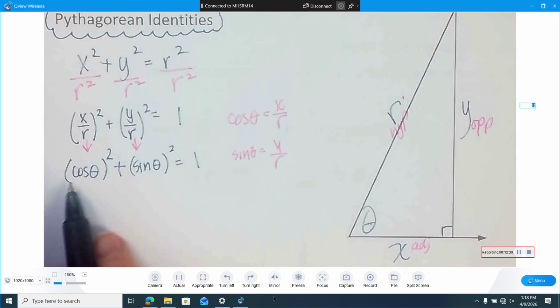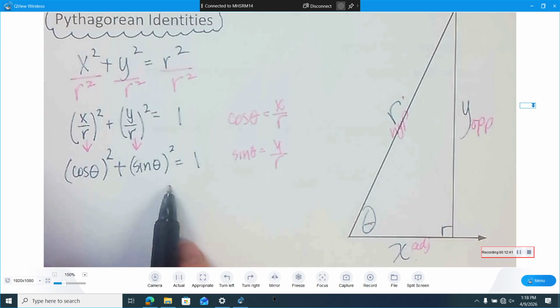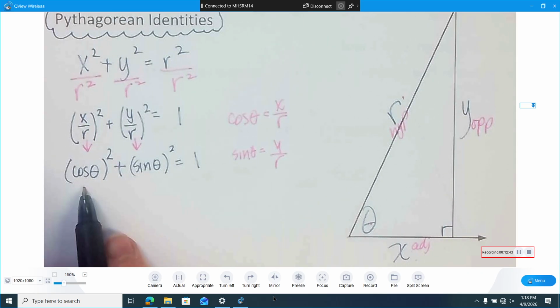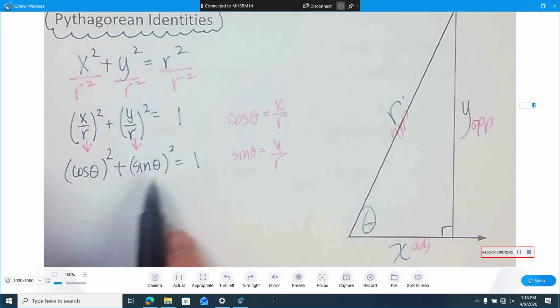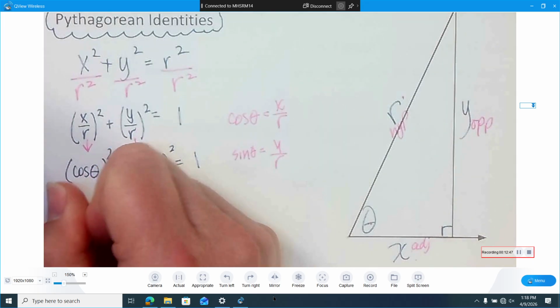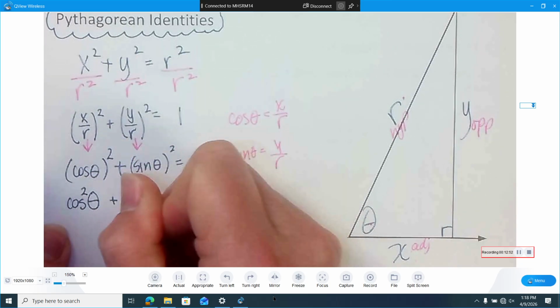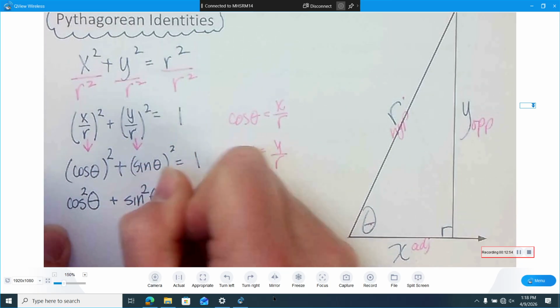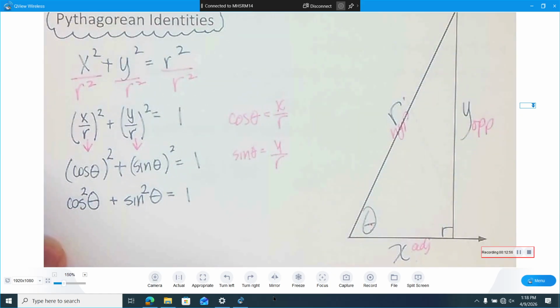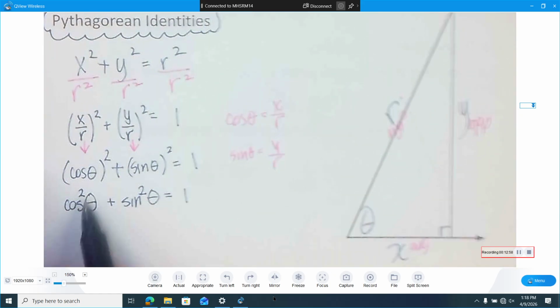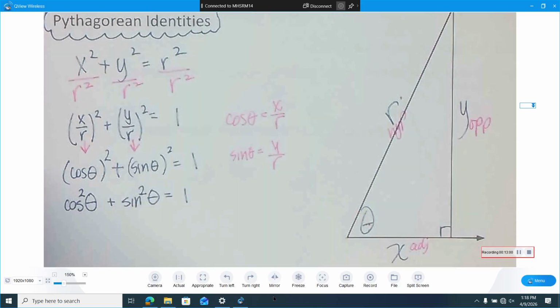Now, this notation is really never used, but this is what it means. In trigonometry, we write it this way: cosine squared of theta plus sine squared of theta equals 1. So this notation is the same. The whole thing is getting squared, but we're lazy.